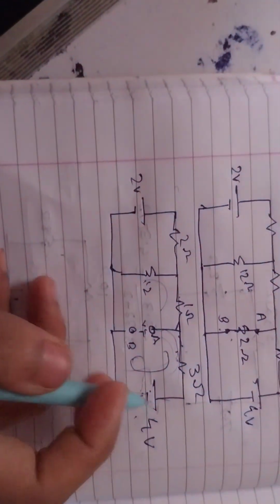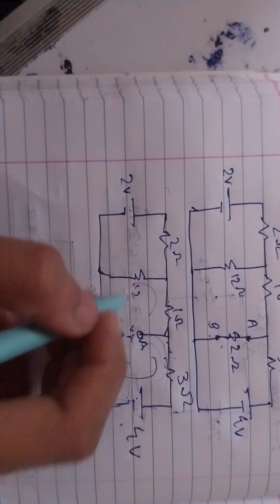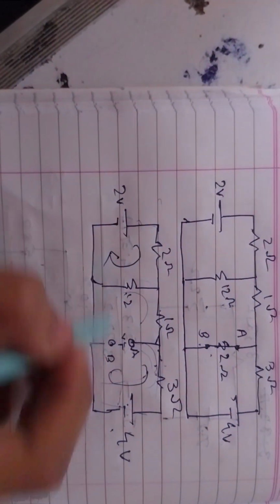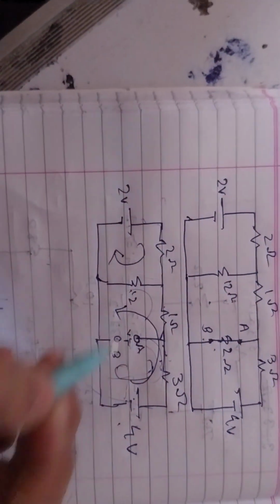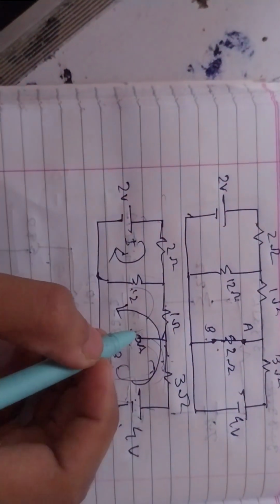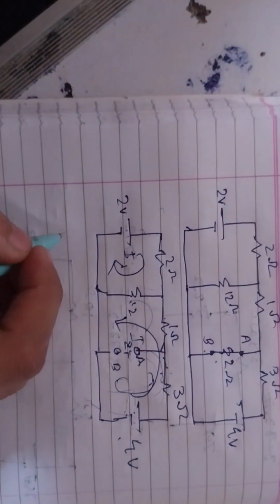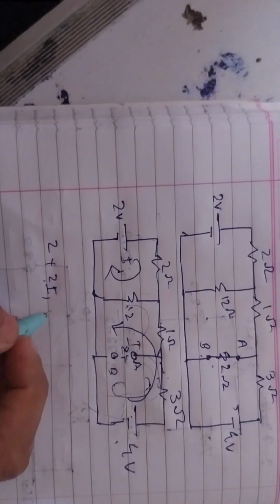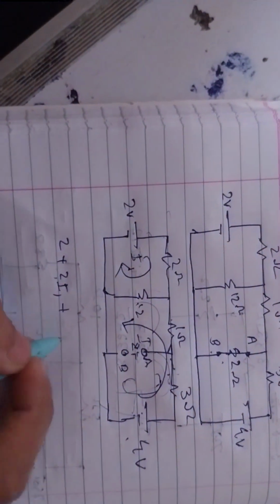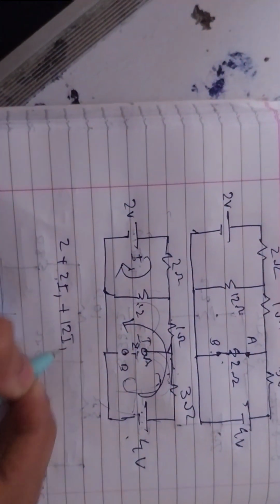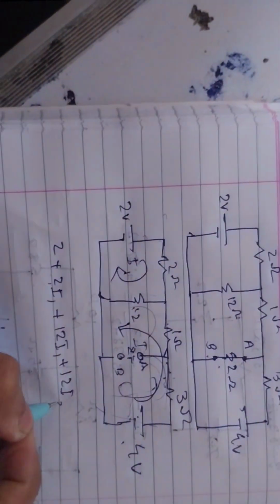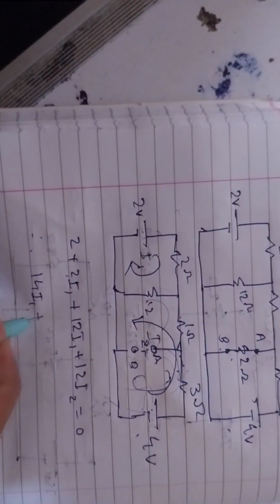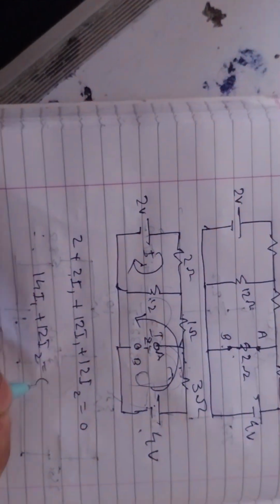So in order to calculate I, we take these two loops, this one and this one, so I1 and I2. So it's 2 plus 2I1 plus 12 I1 plus 12 I2 is equal to 0, therefore it becomes 14 I1 plus 12 I2 is equal to 0.